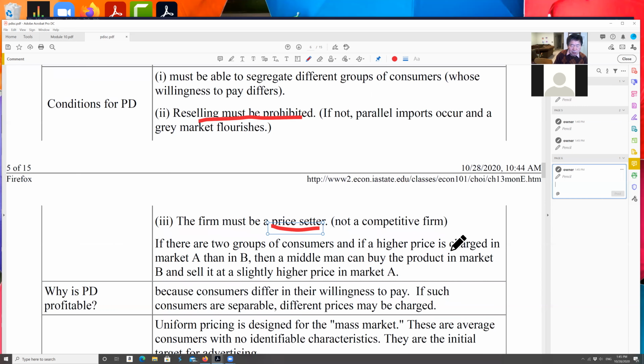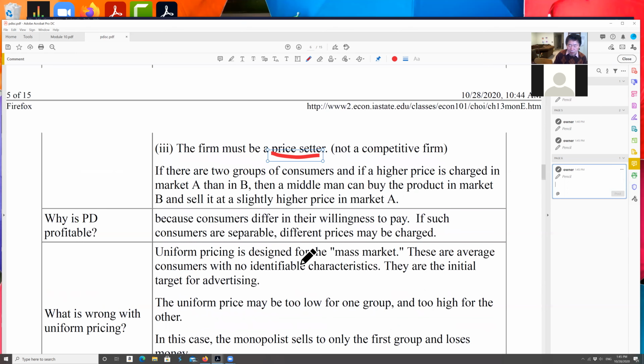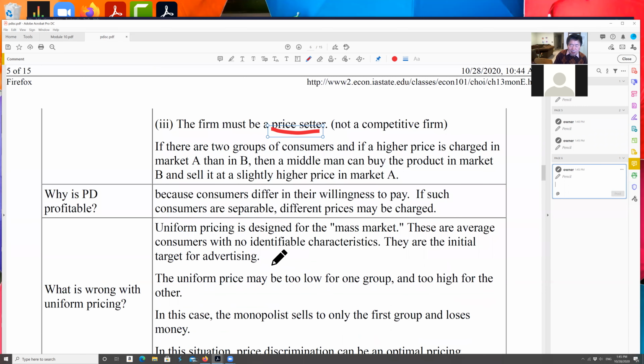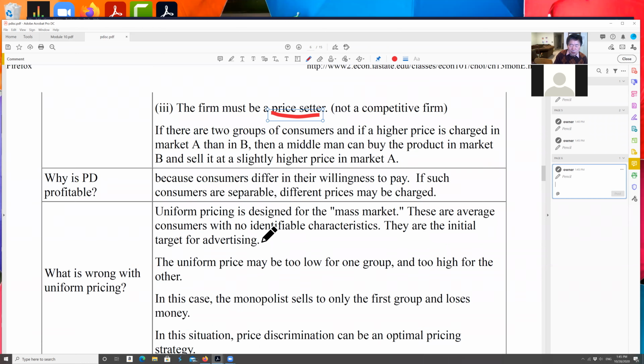So sometimes this is not about mass merchandising. This is not a mass market. The number of consumers is rather small, and you can easily identify the consumer groups.